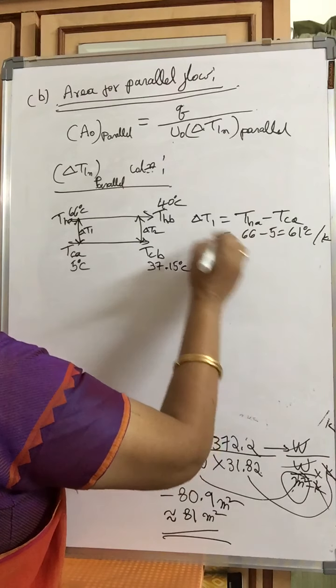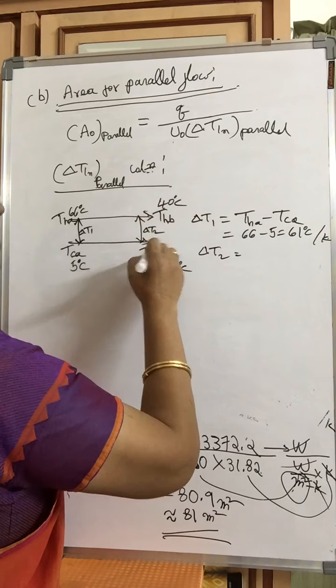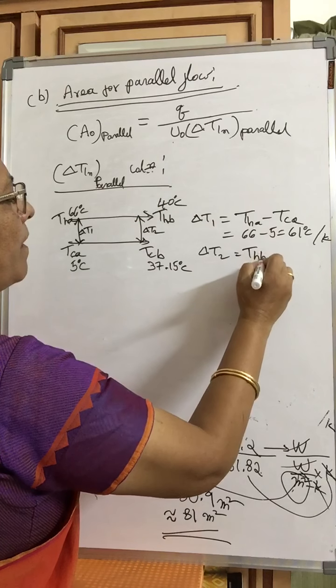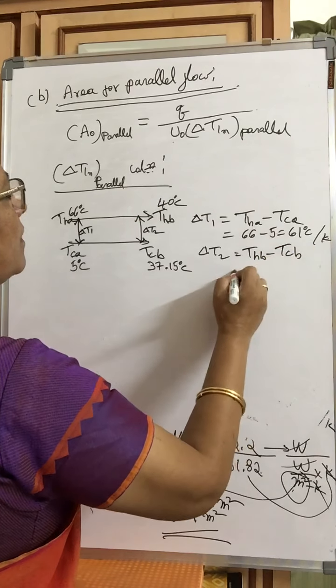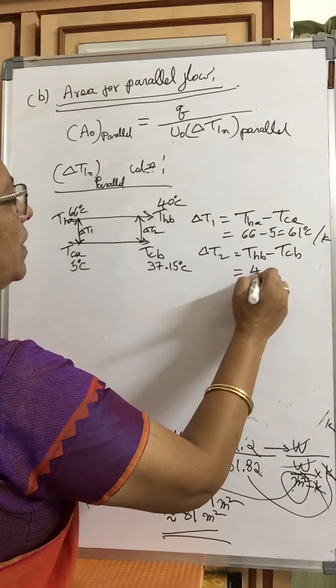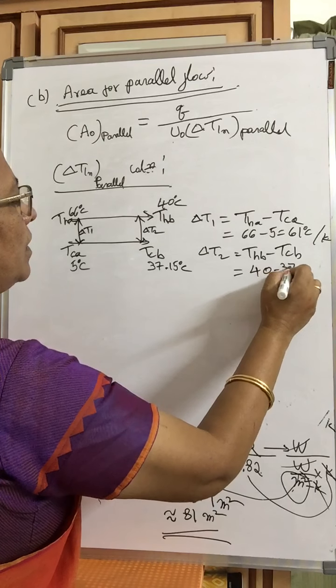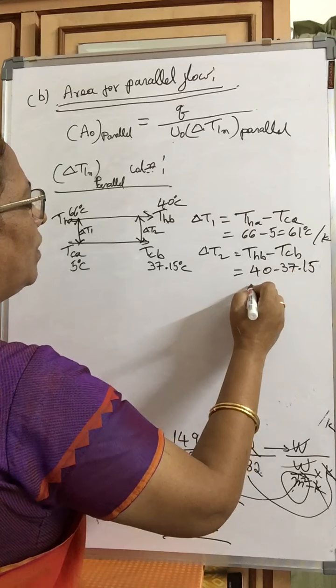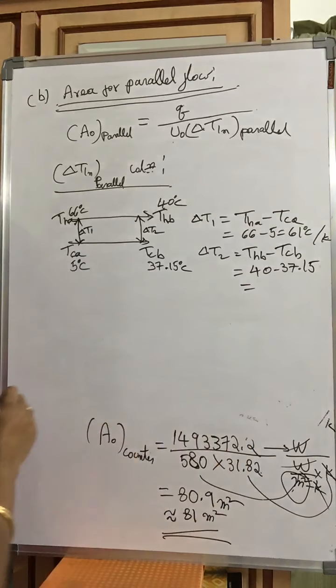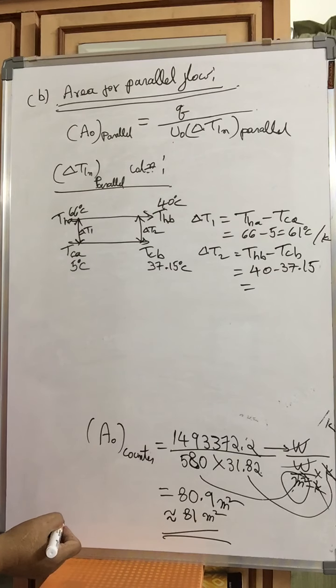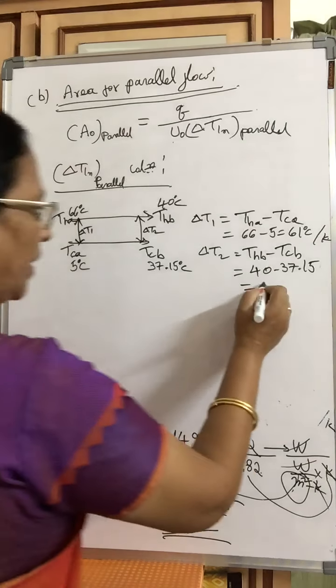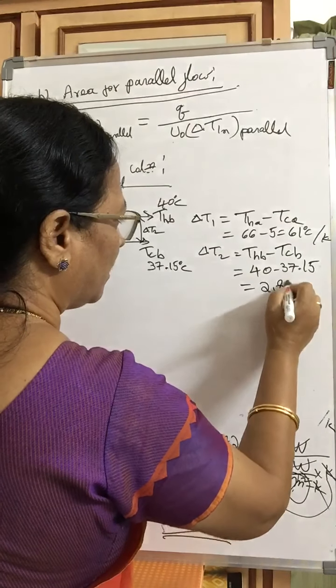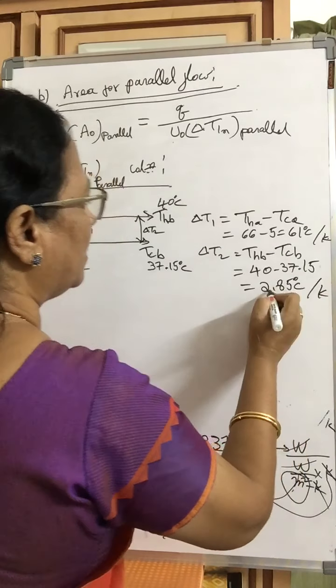Delta T2 is equal to THB minus TCB, that is 40 minus 37.15. This is equal to 40 minus 37, 2.85 degree centigrade or Kelvin.